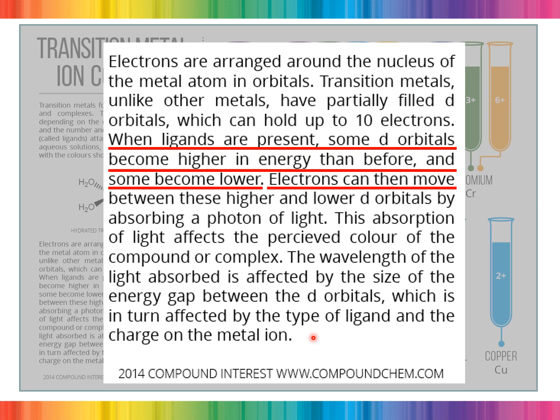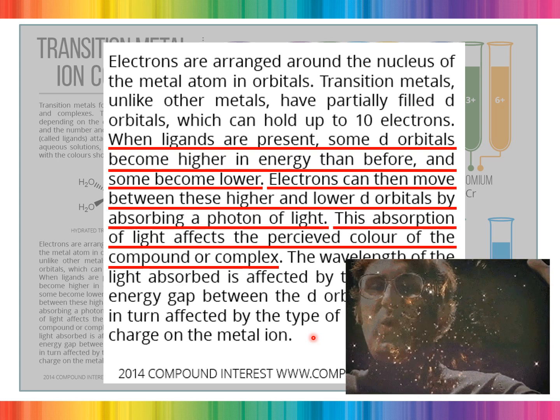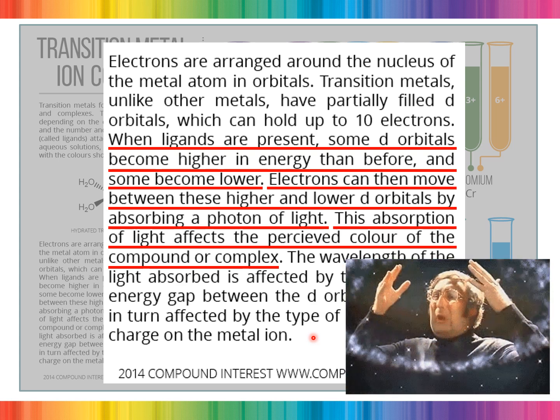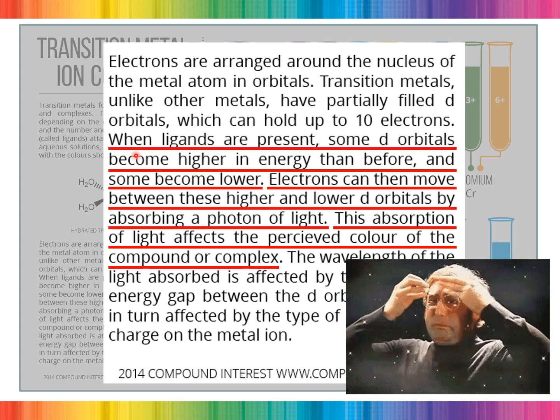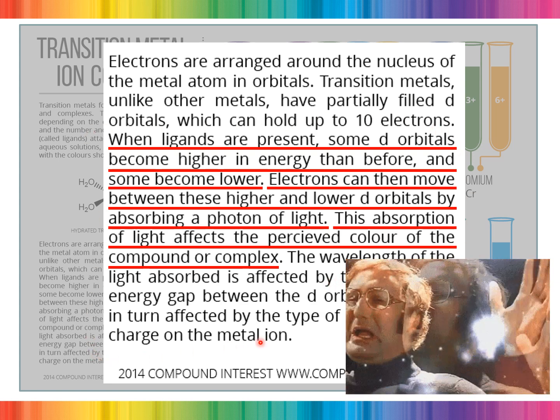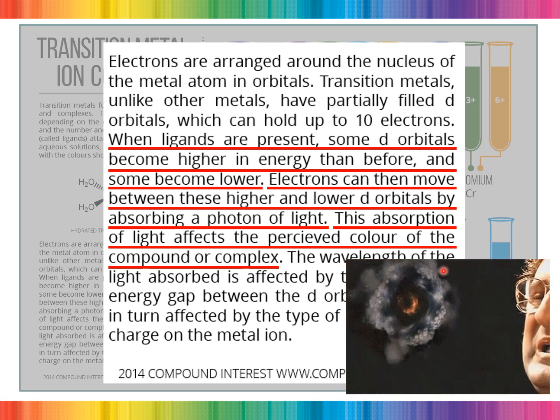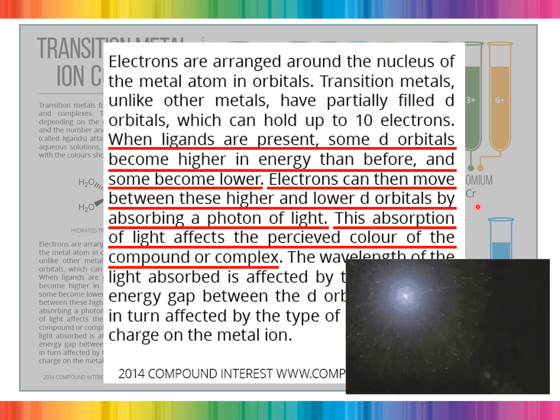Electrons can then move between these higher and lower d orbitals by absorbing a photon of light, and this absorption of light affects the perceived color of the compound or complex, and the wavelength. Wow, this whole chunk is what you are going to learn next. You are going to learn how this creates the colors that you see. So get ready, people.